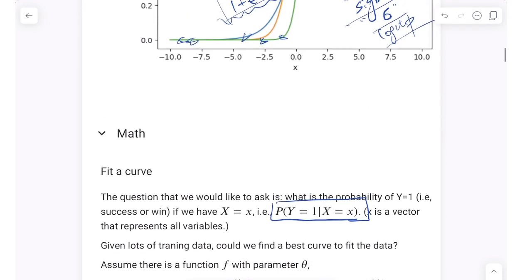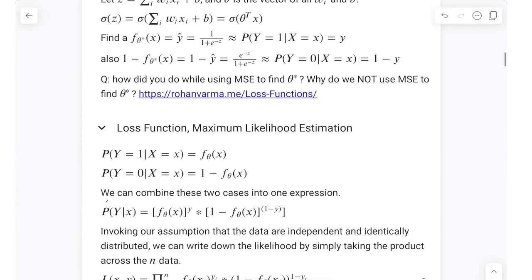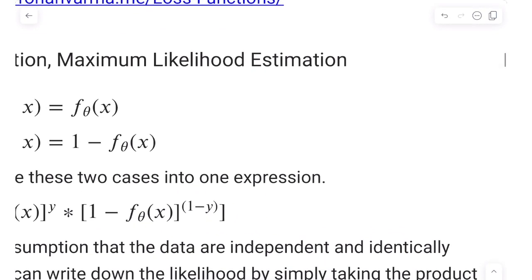In order to find the best curve, the best A and the best B in logistic regression, there's some data I'd like to show you.